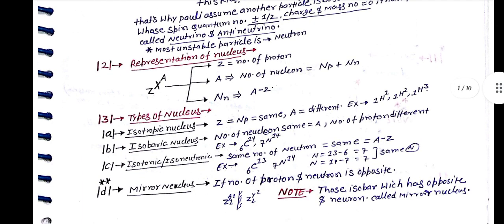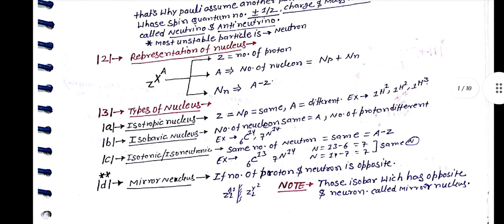The main important formulas: isotopic nucleus, that is Z is the same, number of protons is the same, but A is different. Isobaric nucleus, number of nucleons is the same, that is equal to A, but number of protons is different here. In isotopes, number of protons is the same but number of nucleons is different.